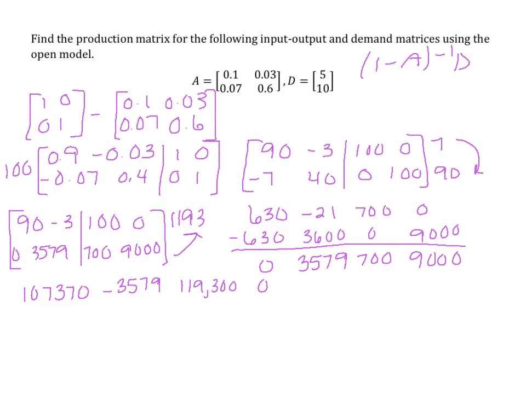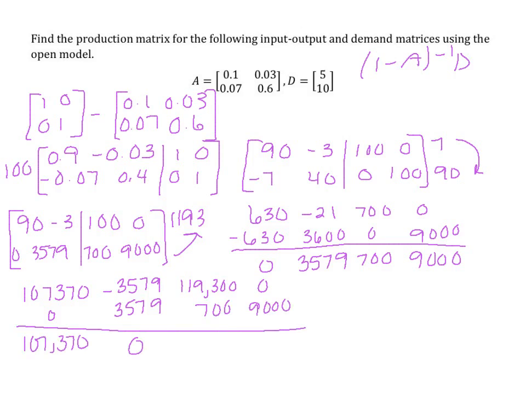I didn't need to multiply anything on the bottom, so it's just going to be 0, 3579, 700, and then 9,000. So when I add these together, we'll get 107,370, 0, 120,000, and 9,000. So I'm going to erase some stuff here.